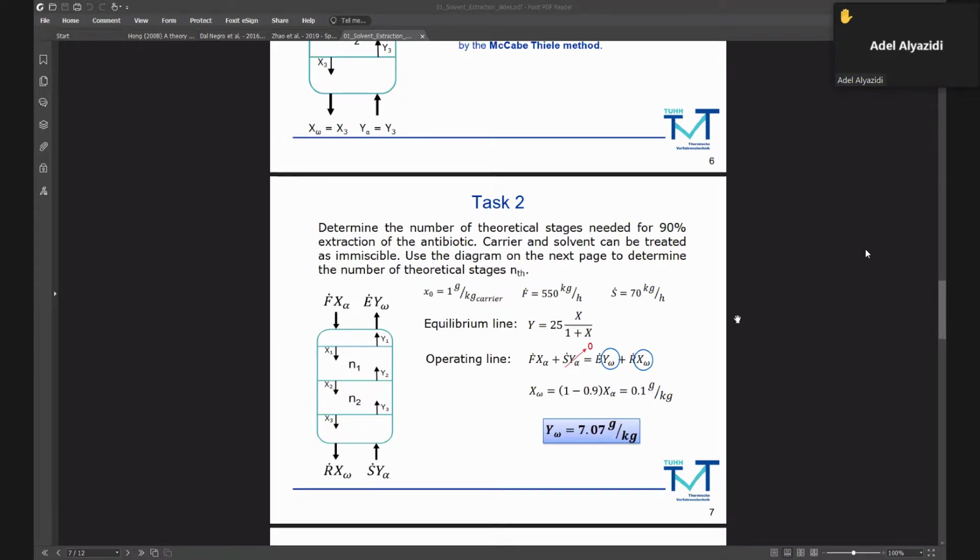So in general, the mass transfer of this antibiotic would not change the flows significantly. Even if you take it into account, you would get only a small change in the flow. So we can neglect the changes in these flows, and say that the feed equals the raffinate and the solvent equals the extract.